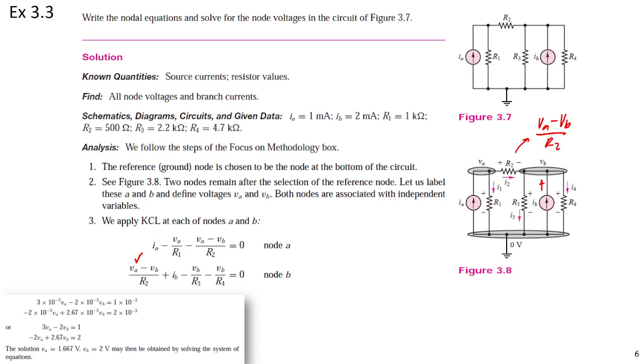I3 is VB divided by R3, minus VB divided by R4, right? So just be careful for the sign, positive and negative. We have minus into minus like this. Be careful when you calculate. Many students make mistakes on this.